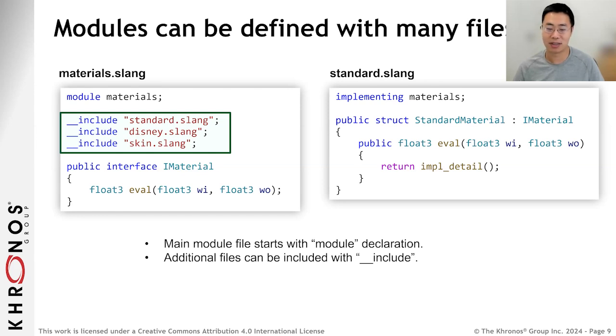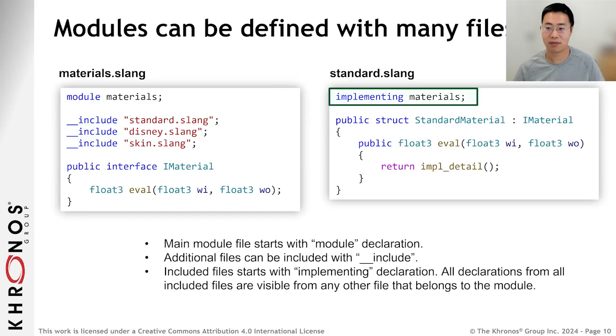The main difference is that this underscore include is resolved during type checking and not during preprocessing. And all these included files, like standard.slang, will start with an implementing declaration to state that this file is part of a module. And you may wonder why Slang requires both include and implementing declarations. On the surface, if you have include, then implementing seems redundant.